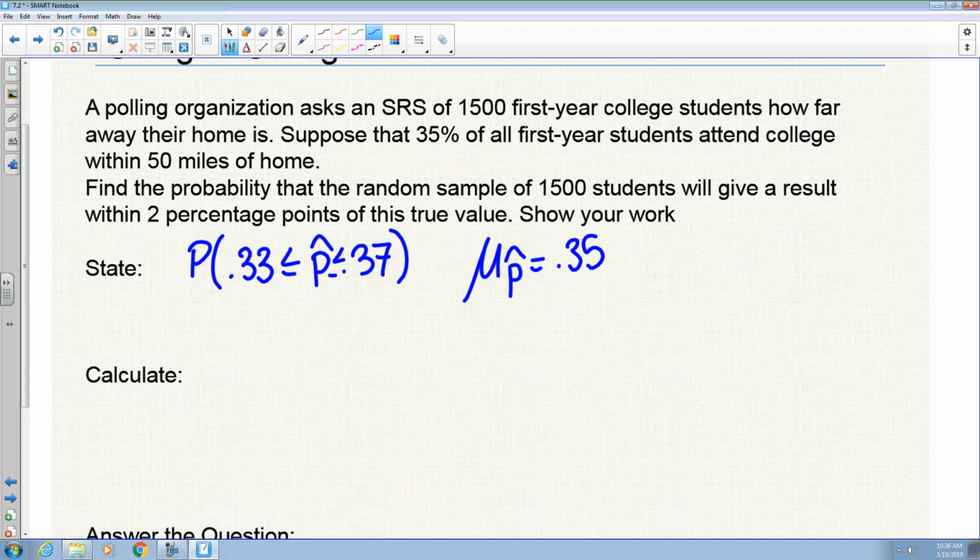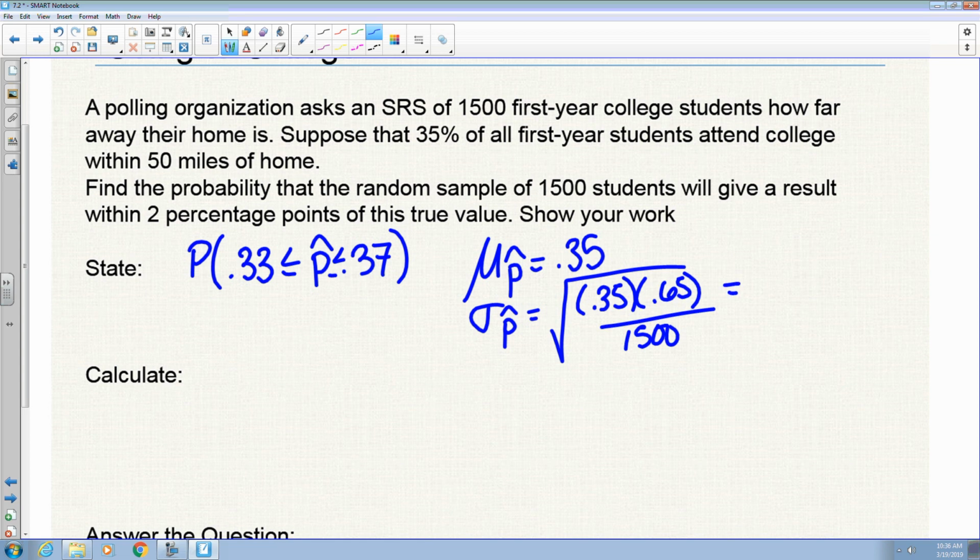It's always the same. And the standard deviation of p hat is the square root of p times 1 minus p all over n, which is 1,500, giving 0.0123. We have to state that our 10% condition is met and large counts are met.